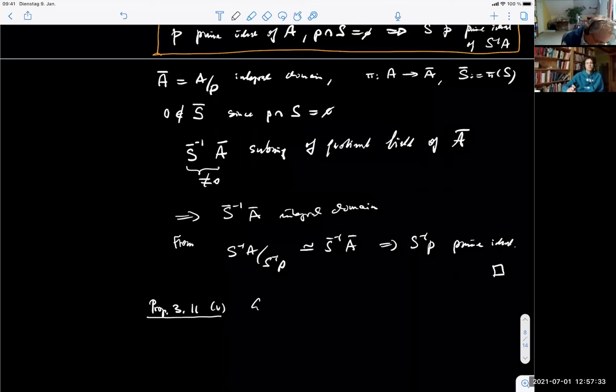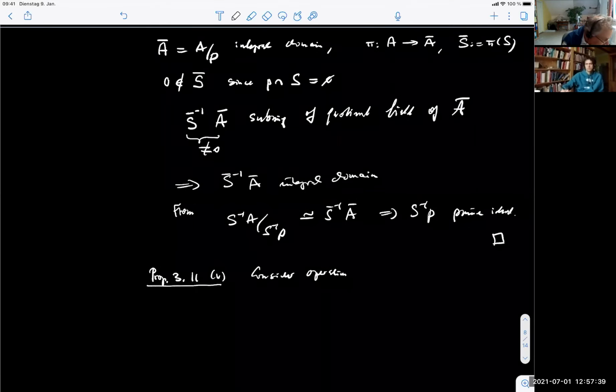Consider the operation. What is the operation? An ideal A of A maps to its extension ideal in the localization.